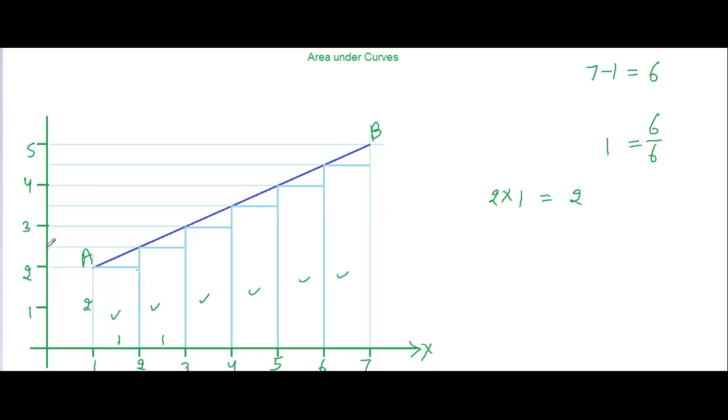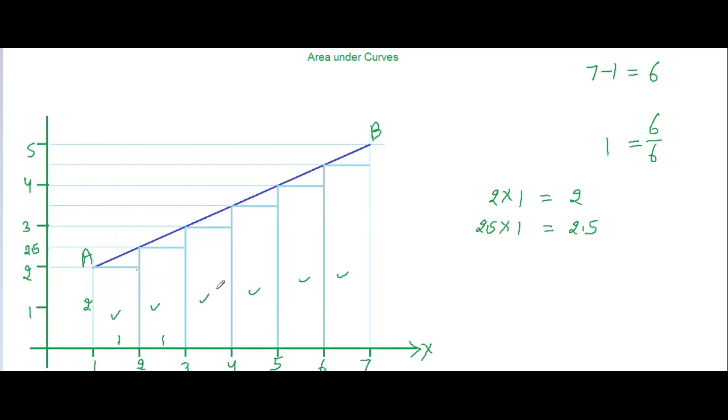We find exactly between 2 and 3, that is 2.5. I multiply this height 2.5 with the width 1, which is equal to 2.5.